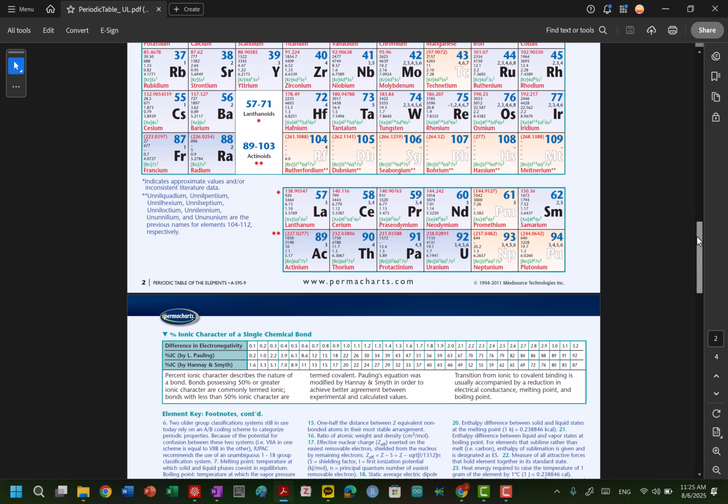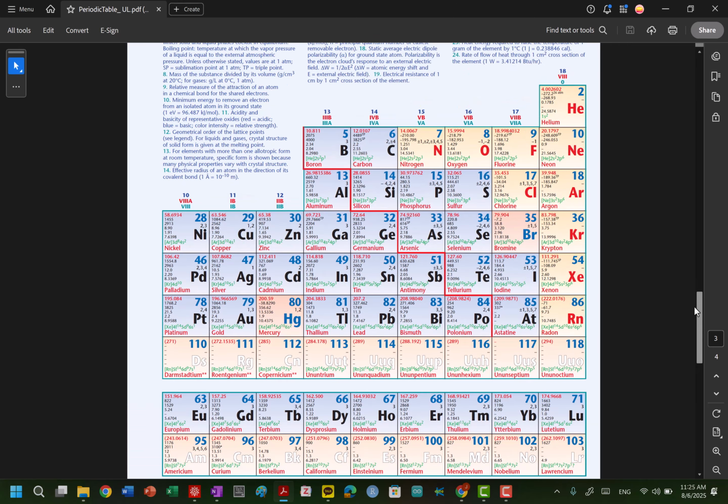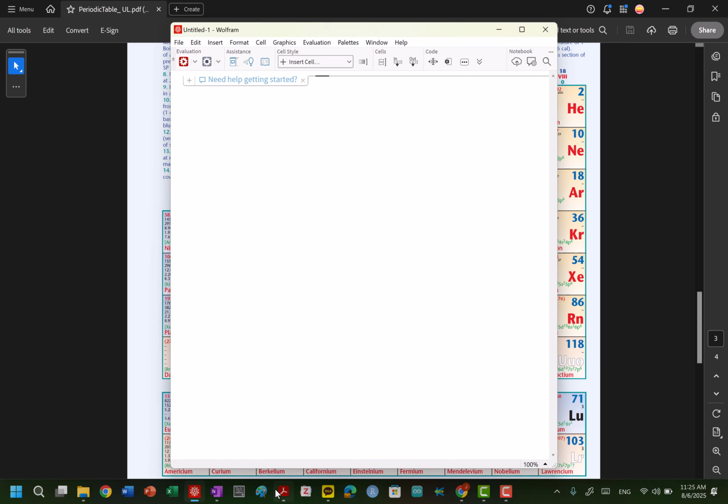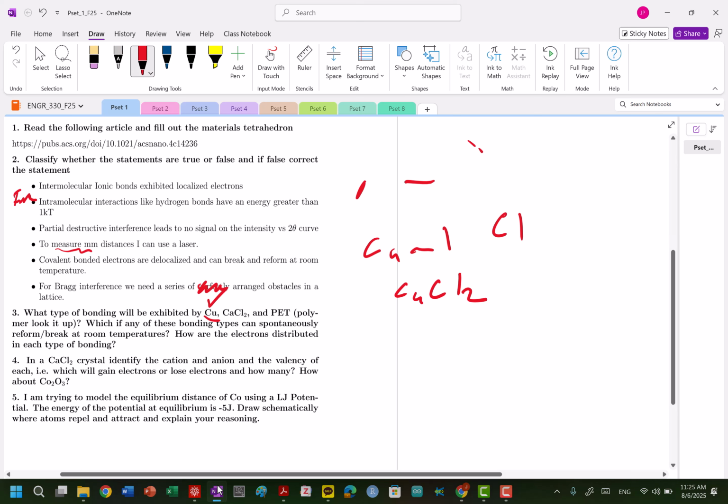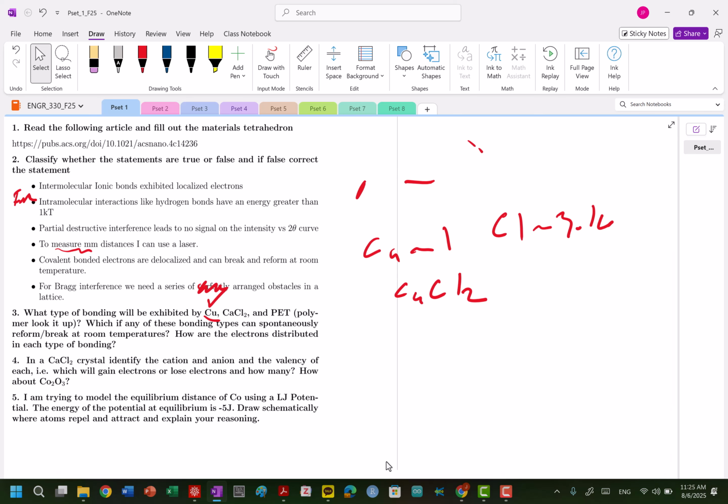Here we go. Cl, 3.16. Yep. So we will see. Oops, let's go back here. Cl is 3.16. Now remember, we have to distinguish between if it's ionic or covalent, and we have a pretty handy value for this class to distinguish essentially between those.